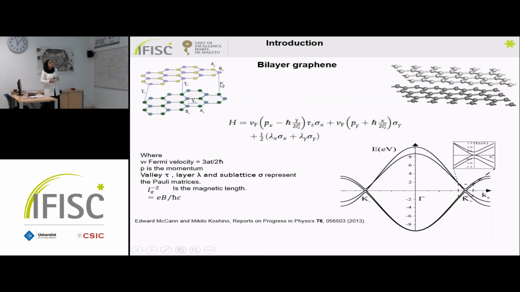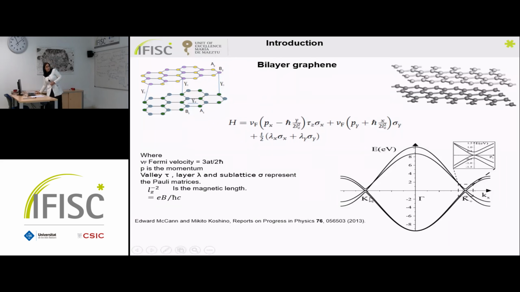The Hamiltonian of bilayer graphene is represented by this Hamiltonian here, where p represents the momentum, l_B the magnetic length, tau the valley, sigma the sublattice, and lambda the layer. The band structure of bilayer graphene is shown here in the Brillouin zone.